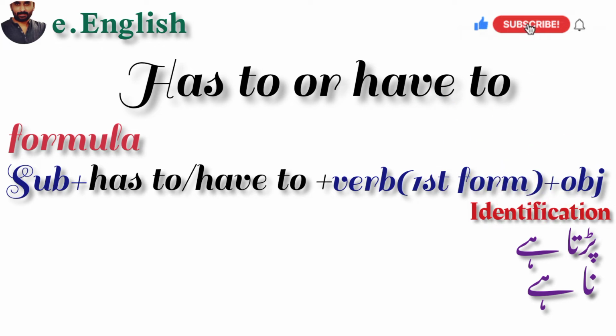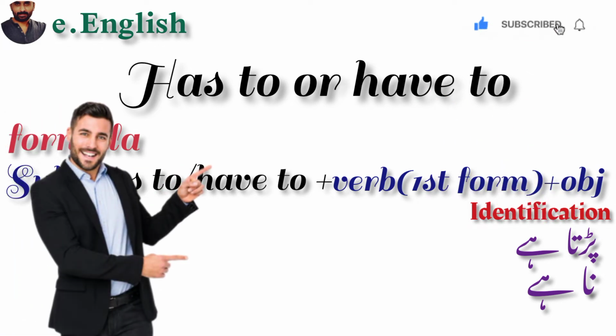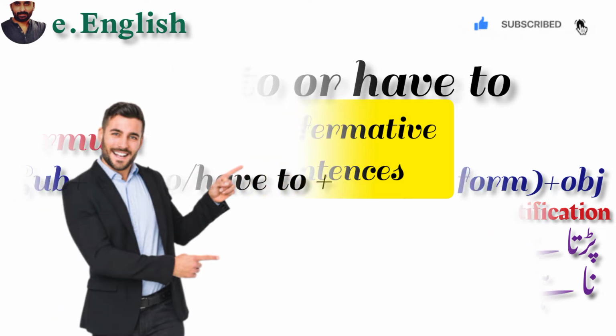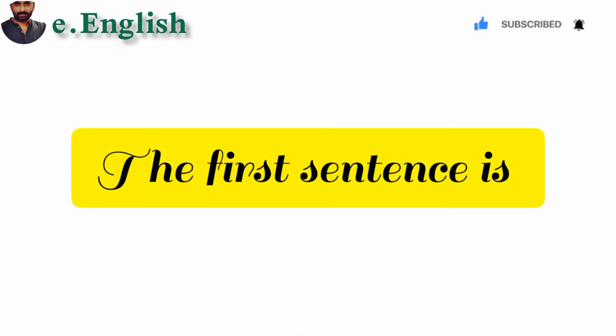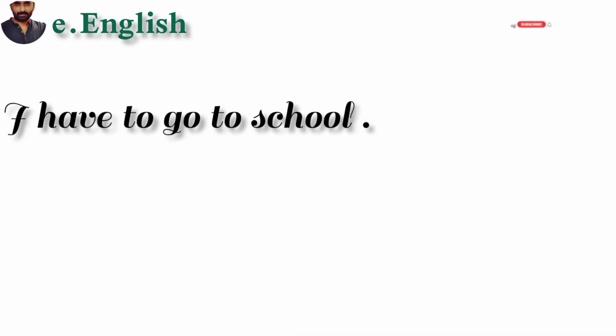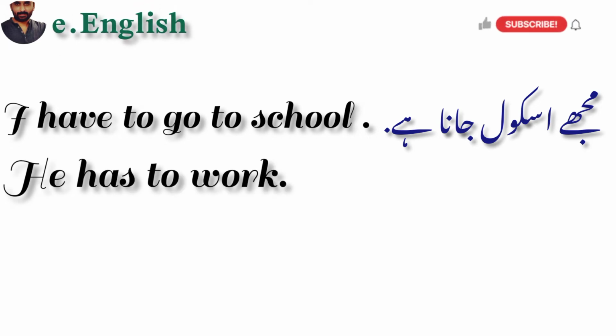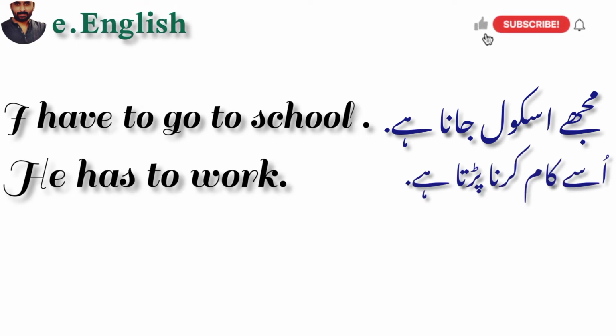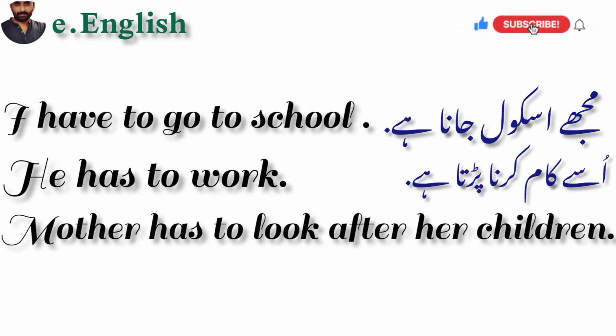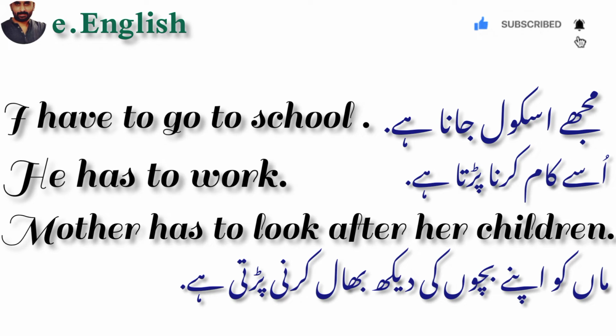Students, first of all, let's have a look on the affirmative sentences. So the first sentence is I have to go to school. मुझे स्कूल जाना है. He has to work. उसे काम करना पड़ता है. Mother has to look after her children. माँ को अपने बच्चों की देखभाल करनी पड़ती है.